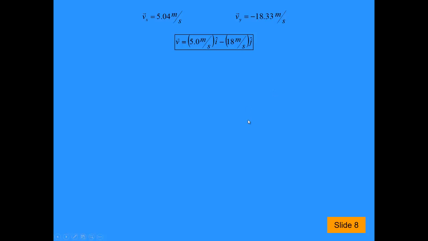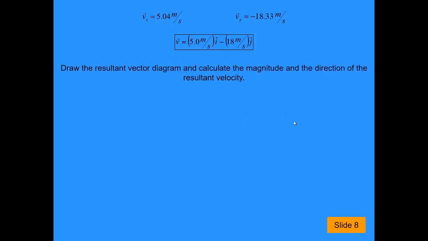Now, more than likely, though, they're going to want the answer in polar coordinates or in magnitude and direction, right, is the way we usually say that. Technically in math, you call those polar coordinates. So we need to draw the resultant vector diagram from our components. Since the x component is a positive 5.4 meters per second, it's going to be drawn to the right.